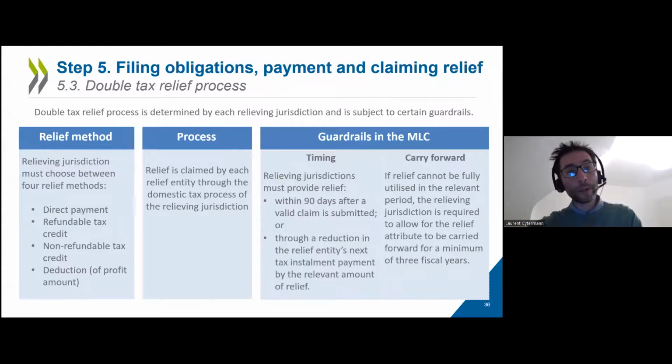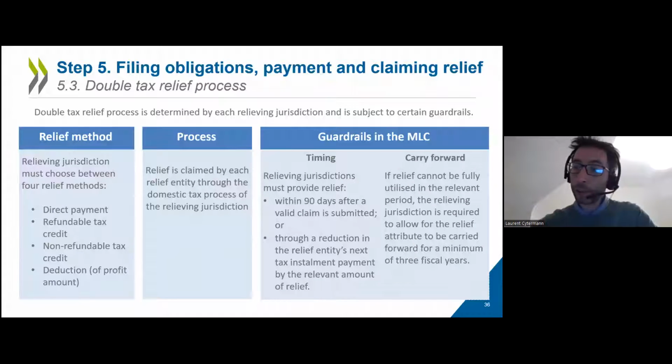And then you have a number of guardrails, and first there is a timeliness guardrail, and so each relieving jurisdiction will have to either allow the relief to be provided in the installment payment of the tax, which is immediately the next one, or if it doesn't use the system, for example, if the jurisdiction doesn't have an installment payment system, there is a deadline of 90 days after a valid claim is submitted.